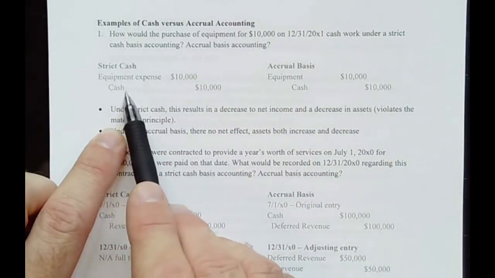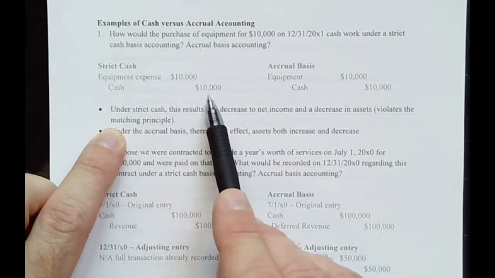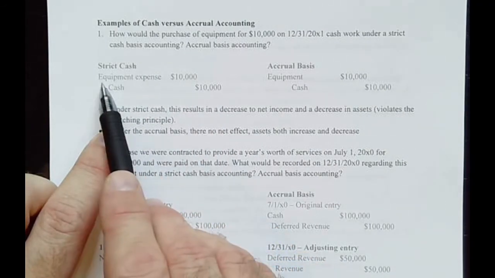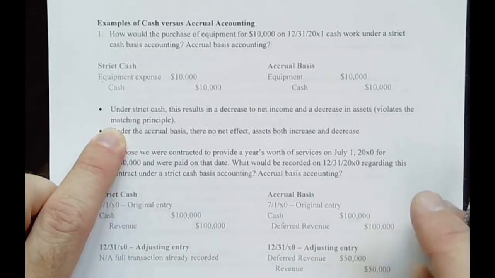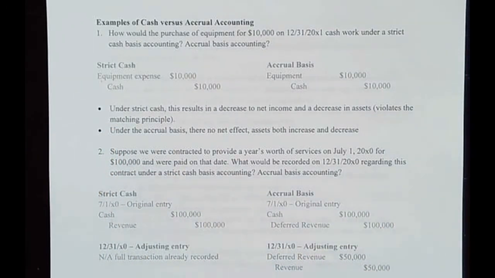We credit cash still because cash went out the building. That doesn't change. But we no longer get to record an asset. It just becomes equipment expense. And so we don't get to show anyone who's viewing our report that, wait, I have equipment now. All I see is an expense. So that sort of stuff, it becomes really impossible to use strict cash.